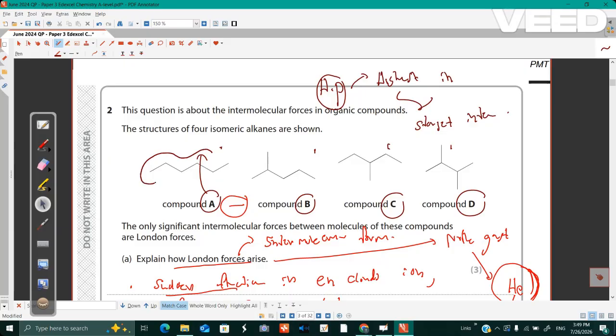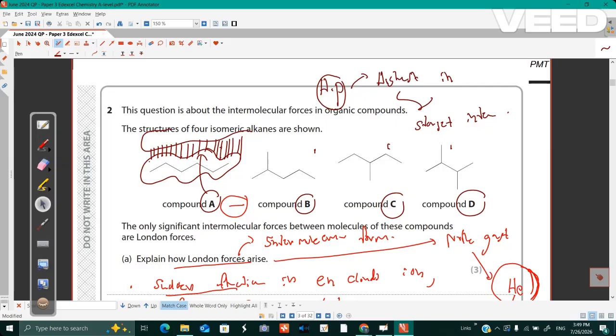Least branched means more surface area is exposed, or you can say more contact area is there, right? More contact area is exposed, so it can have more London dispersion forces.